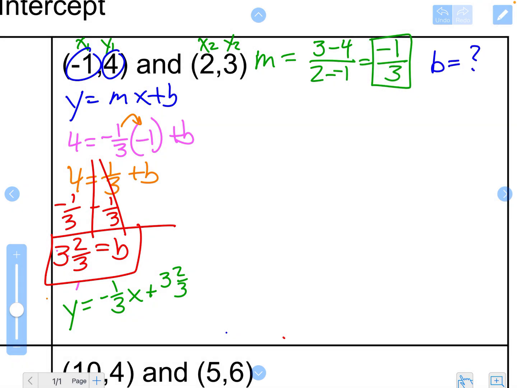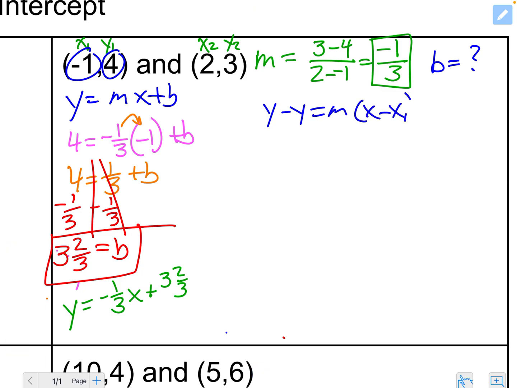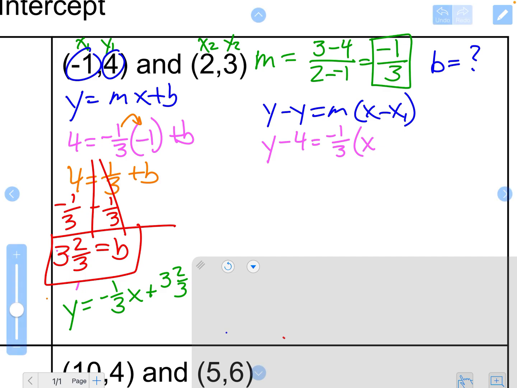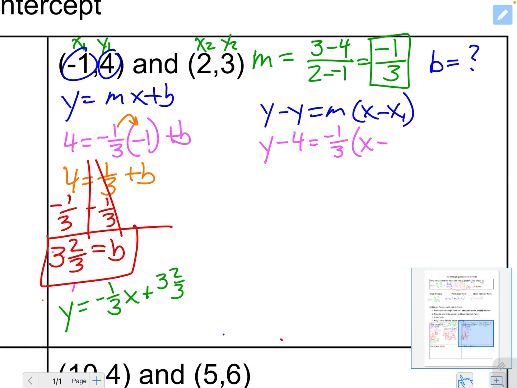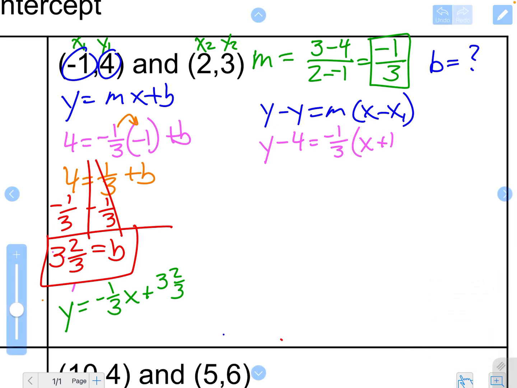So again, we can do the same thing in point slope form. Point slope form: y minus y1 equals m parentheses x minus x1. Y minus 4 equals a negative 1/3 x, and we change the negative 1 to a positive 1. So I need to distribute.